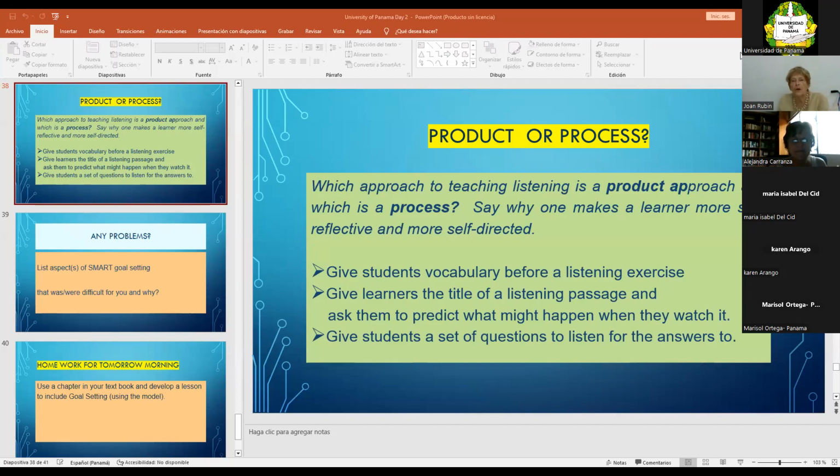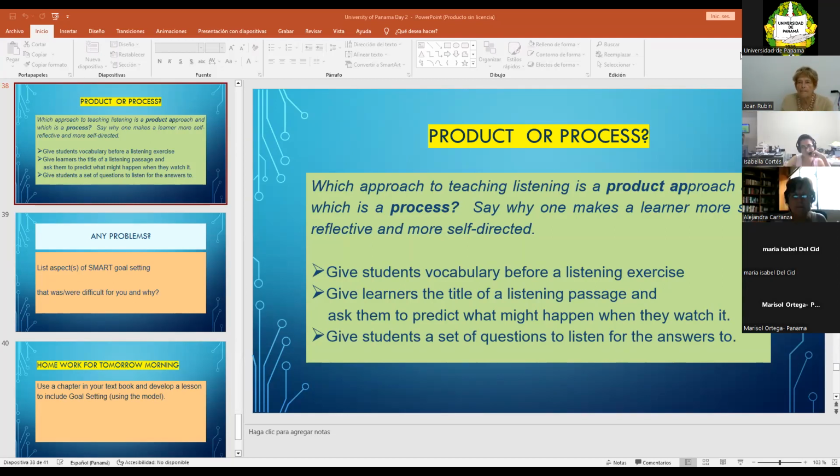All right, so here it is. Which approach to teaching is a product or process approach? Say why one makes a learner more self-reflective or self-directed. So here's the first one. Give students vocabulary before a listening exercise. Is that product or process? That is a product. Who said that? Isabella. Why is it product?